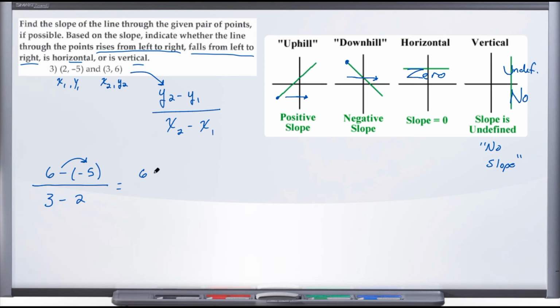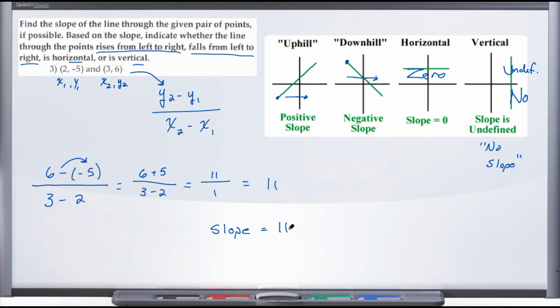So we end up with 6 plus 5 over 3 minus 2. Evaluating, 6 plus 5 gives us 11, 3 minus 2 gives us 1, and 11 over 1 reduces to simply 11. So our slope here equals 11.